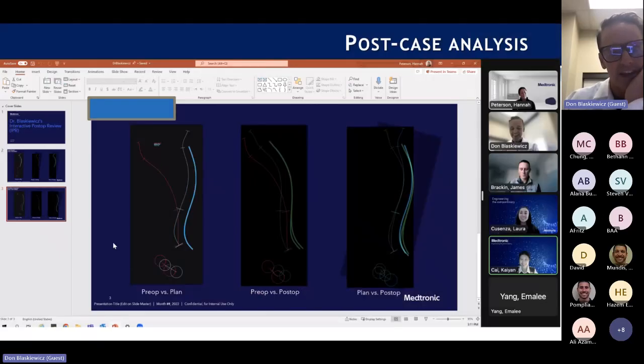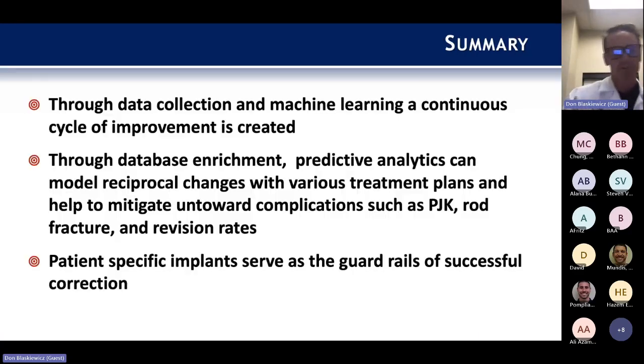This is my post-case analysis of looking at the pre-op versus planned, the pre-op versus post-op, and then the plan versus post-op. And those green and blue rods on the right symbolize where he was intended to be and where he wound up. So they were within pretty much close measure.